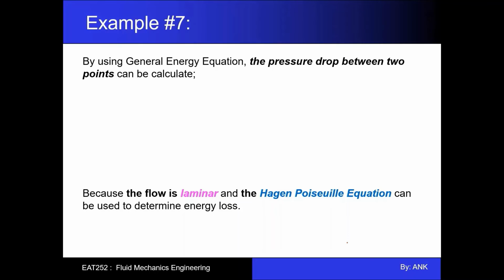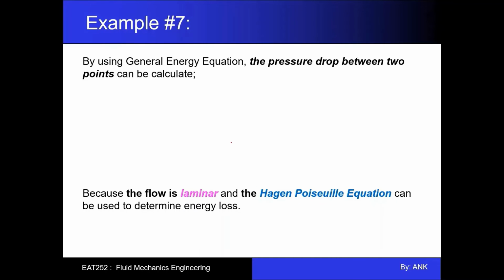Okay. Then, because the question asks us to calculate the pressure drop between 2 points in the pipe, it means we need to determine the pressure difference between 2 points in the pipe. So we draw the pipe.